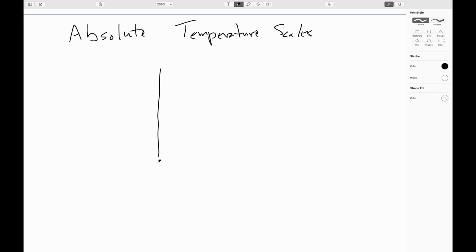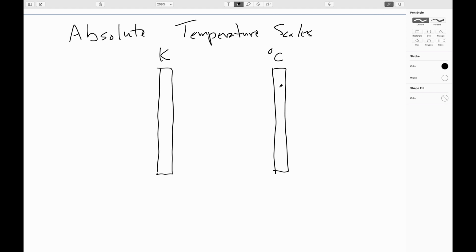So the one in most common use is the Kelvin scale. And no, I did not forget to write a degree sign. I'll get into that in a second. And then let's compare that, say, against the Celsius system.